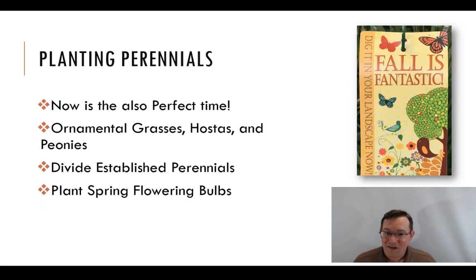So right now, it's also a terrific time to plant perennials. And up above my head here, I have a picture of a plant tag, and you'll see these out in our stores this fall. So anything with the fall is fantastic tag are perfect to be planted right now. Ornamental grasses, hostas, peonies.